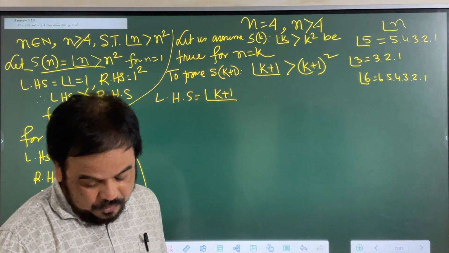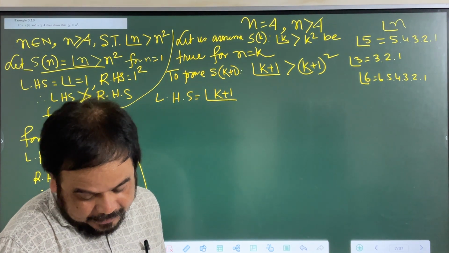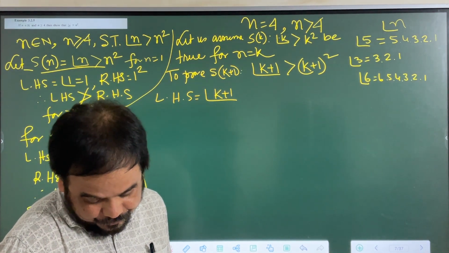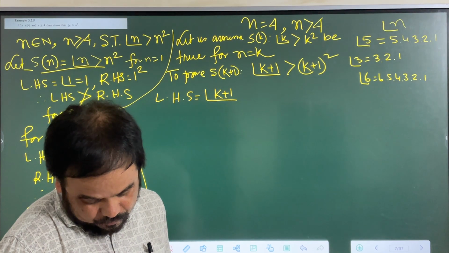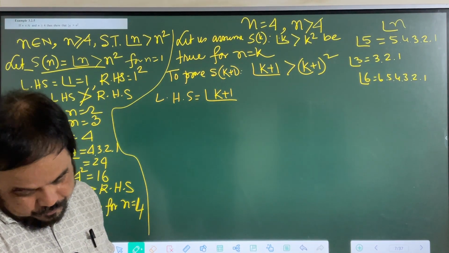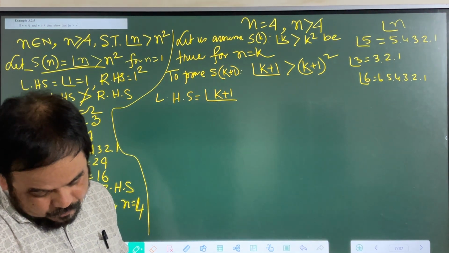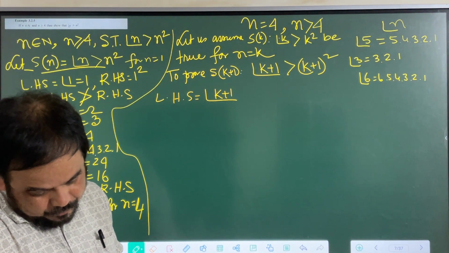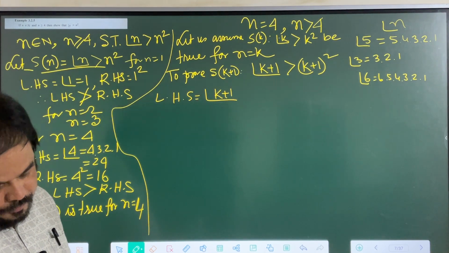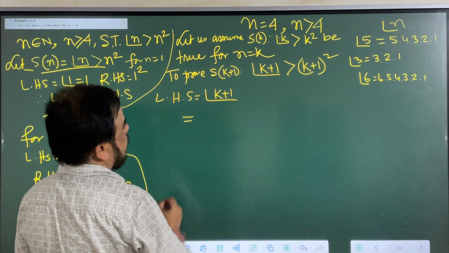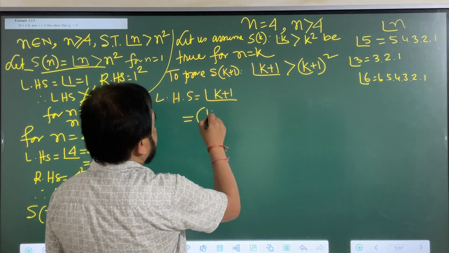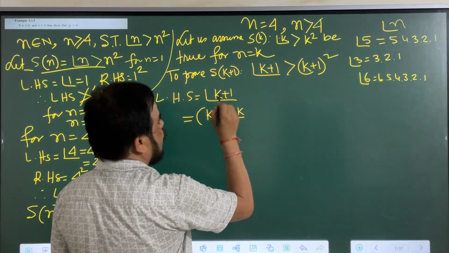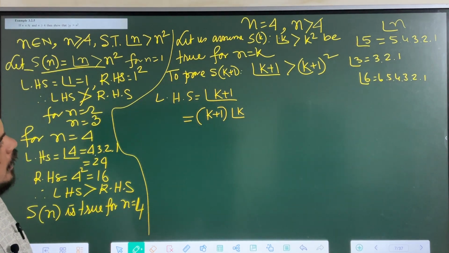This k plus 1 factorial we can write as k plus 1 into factorial k.